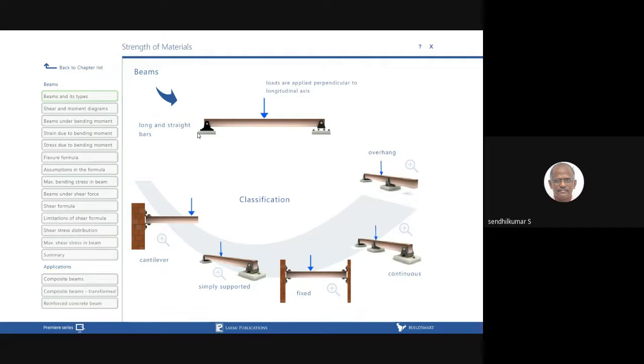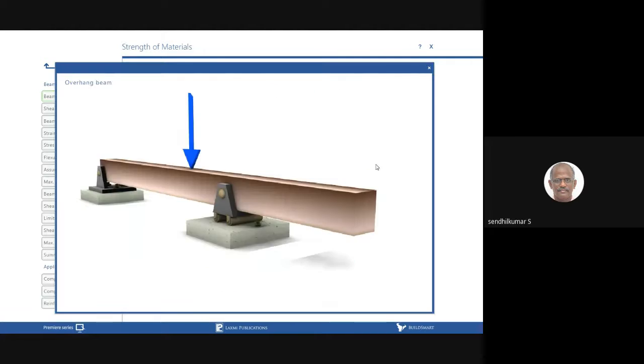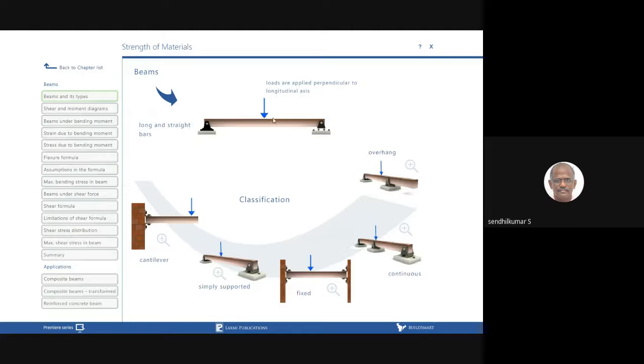These are long and straight bars with a load applied perpendicular to the longitudinal axis. Here you can see the overhang. There are two supports, and after the support the beam extends for some length. Due to that length, we call it an overhang beam.